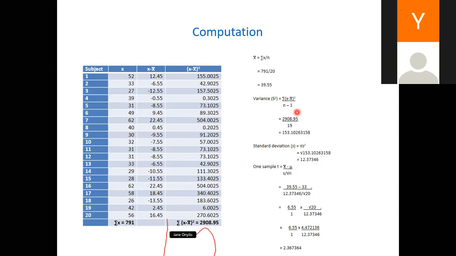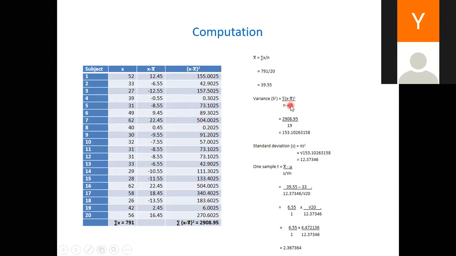So let me point. The total is fixed. Each of them can vary except one of them, maybe the last or whatever, because the total is fixed here. So the degree of freedom is n minus 1.